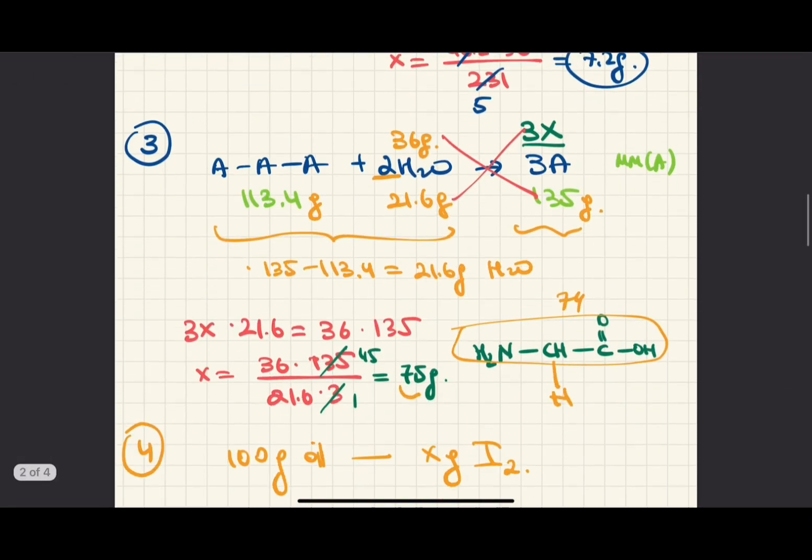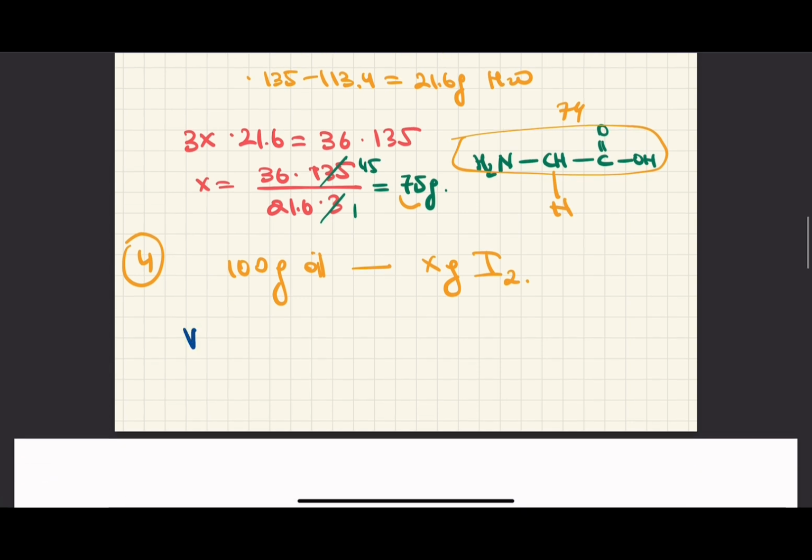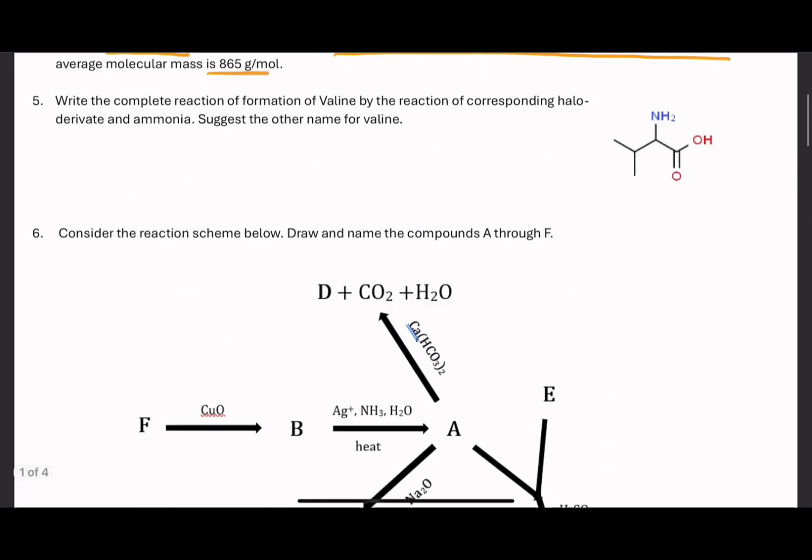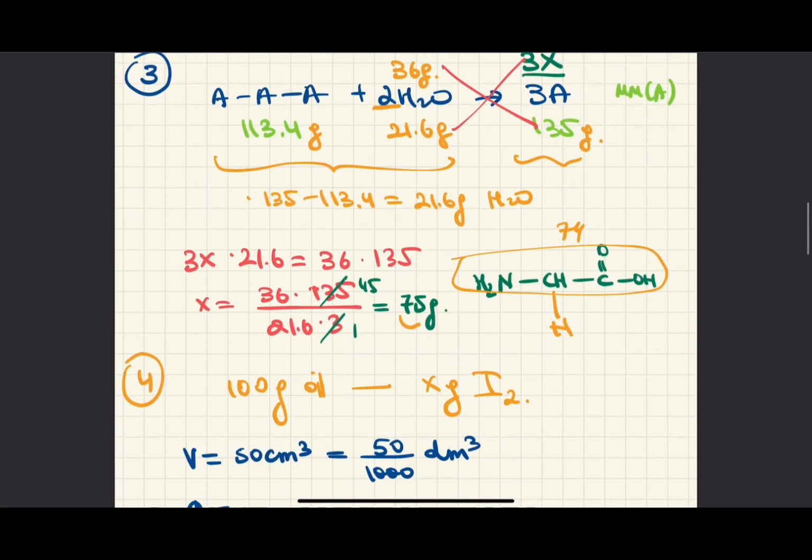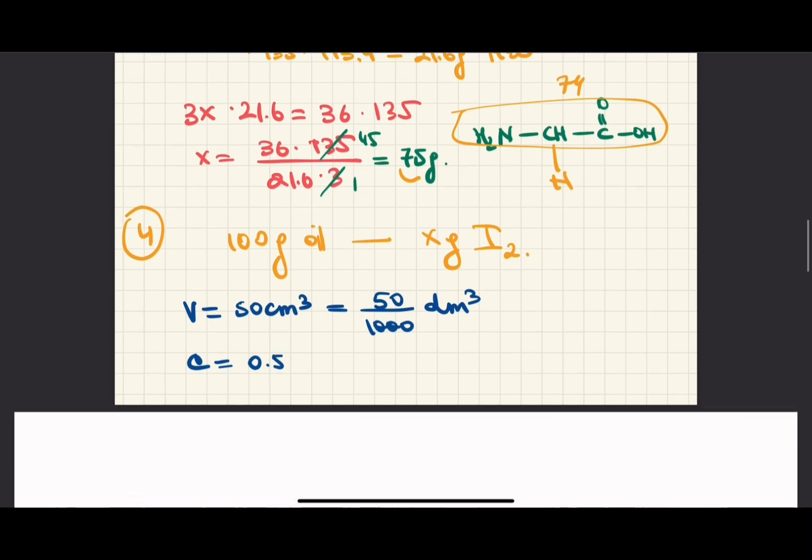So now using the concentration, V is 50 centimeter cube. If you want to convert it to decimeter cube, all you need to do is divide it by 1,000. And this would be decimeter cube. Your concentration given in here is 0.5 mole per decimeter cube.